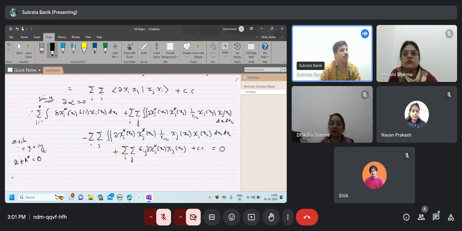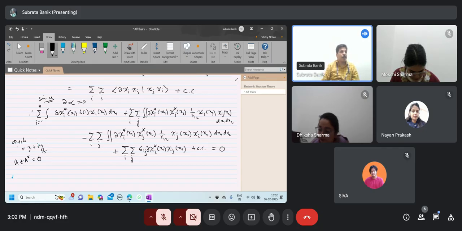What is the confusion? Are you telling 3i minus 3i? If we have 3i minus 3i, then it should be 0. No, I'm not telling that. Minus 3i and 3i are not the same. They are conjugates of each other. But when they are the same, then each part will be 0. I'm not telling 3i equal to minus 3i.